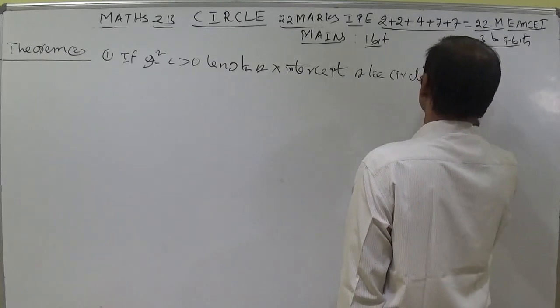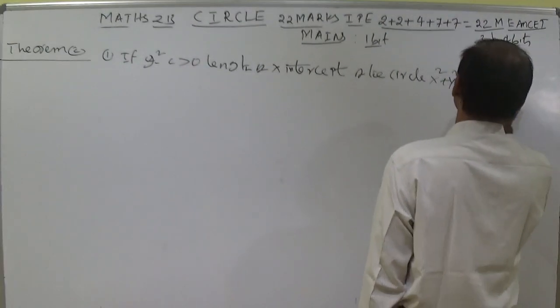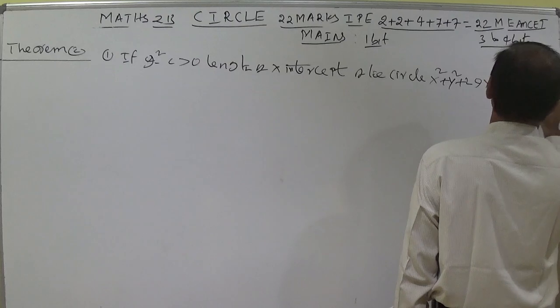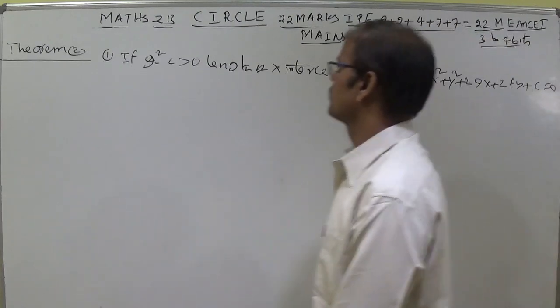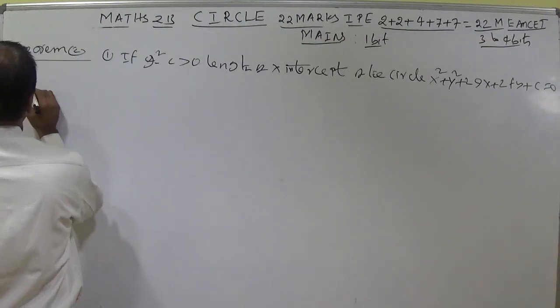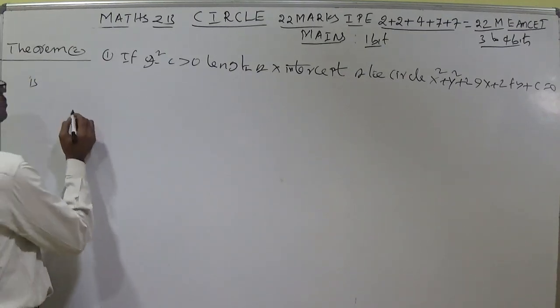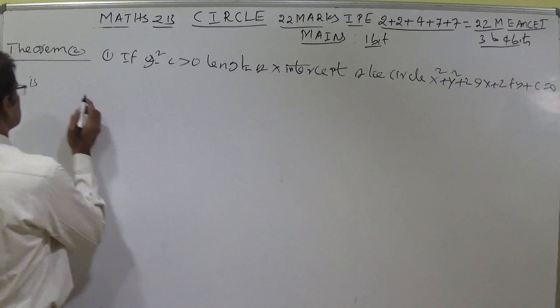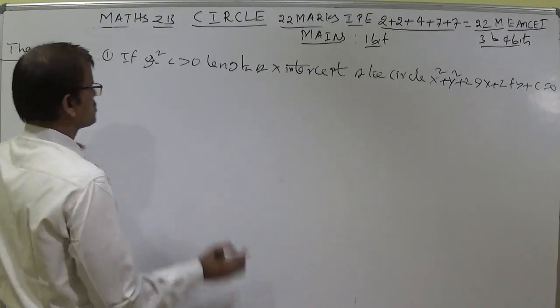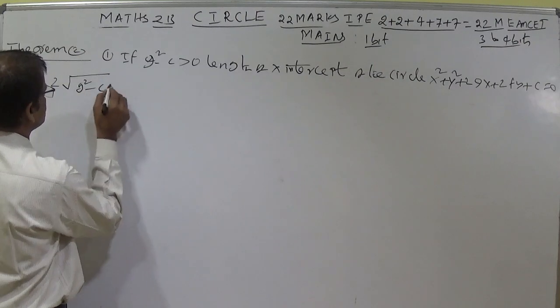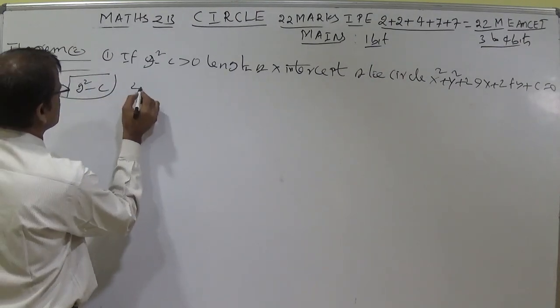x square plus y square plus 2gx plus 2fy plus c equal to 0. g square minus c greater than 0 is the condition. The condition also we can prove. Length of x-intercept of the circle x square plus y square plus 2gx plus 2fy plus c equal to 0 is 2 root g square minus c.